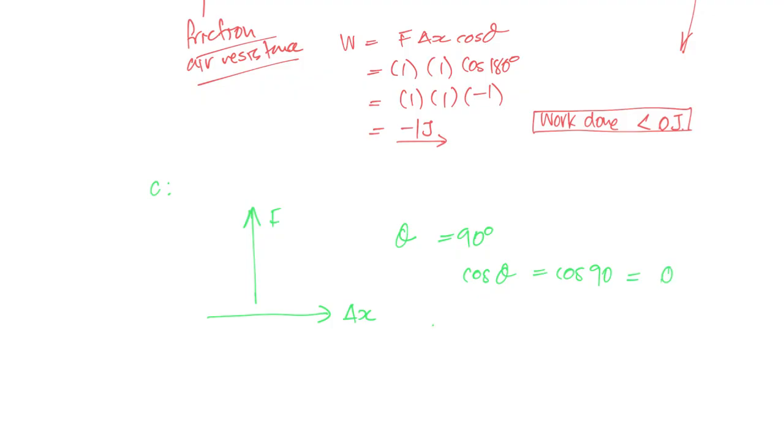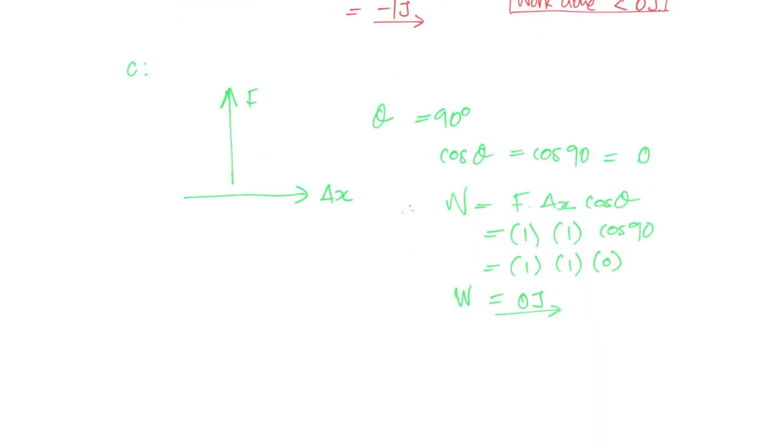So if I had work being done, work is equal to force times displacement times cos theta, and I've got 1 times 1 times cos 90, which is 1 times 1 times 0, and that's going to give me W equal to 0 joules.